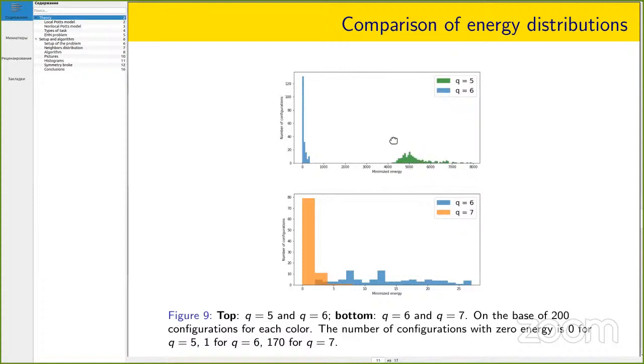In contrast, for 6 colors, we are near the zero point, and in order to look more closely, let's zoom in and compare 6 and 7 colors. For 7 colors, we got zero energy in approximately 80% of cases, and this was a good result and an indication that our model and algorithm work properly.